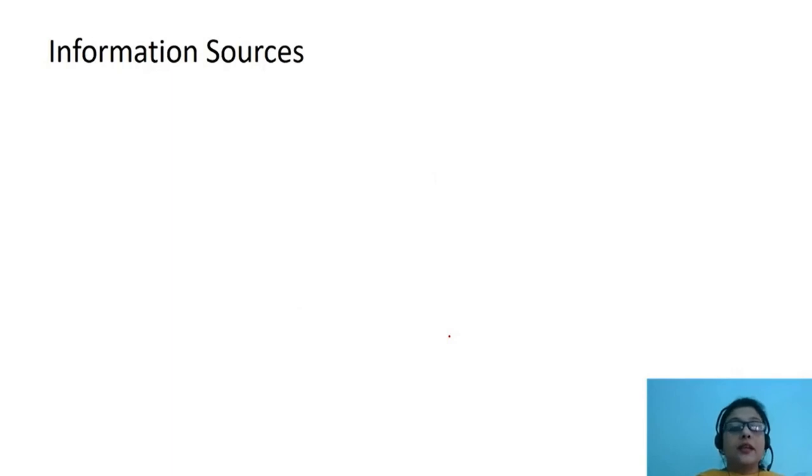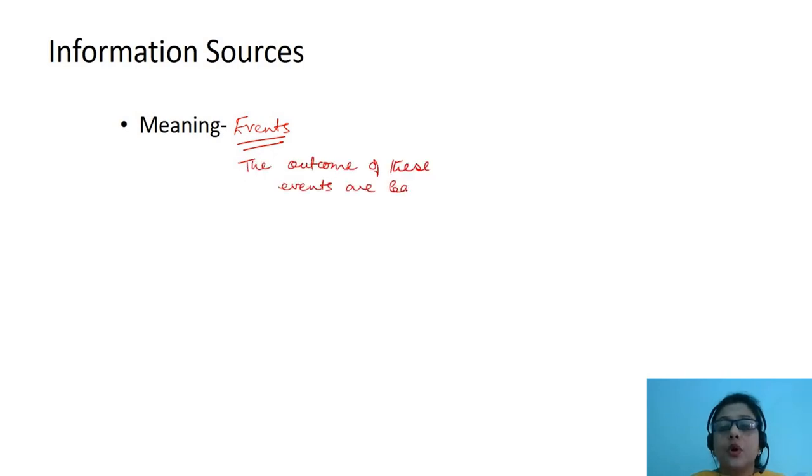Now let us look at information sources. What is the meaning of information sources? Information sources are basically events. The outcomes of these events are based on some probability distribution function.